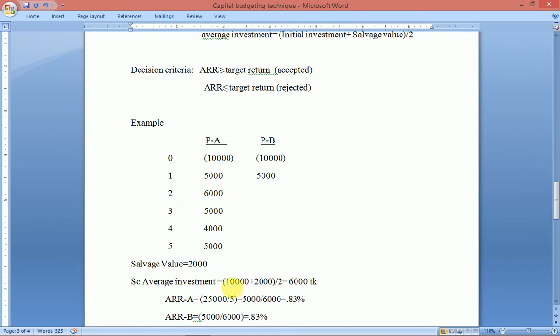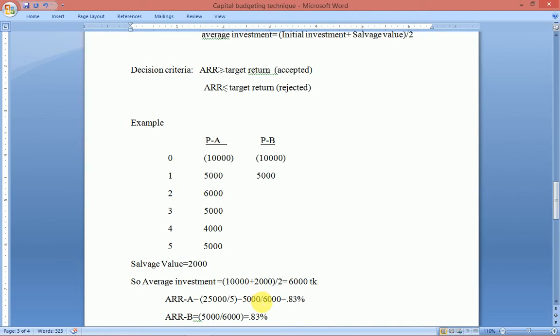If you calculate the accounting rate of return of project A, firstly you have to find the average profit. You add all the profit, which gives 25,000 taka, and divide by 5, then you get an average of 5,000 after tax profit.